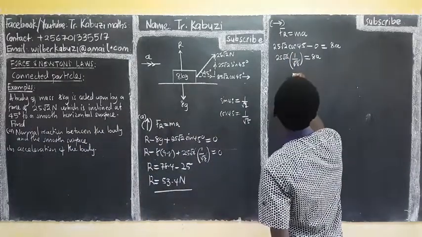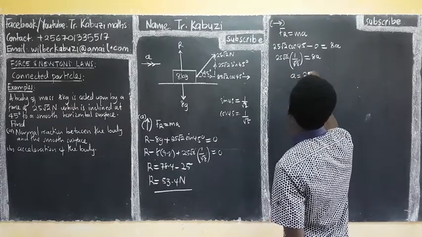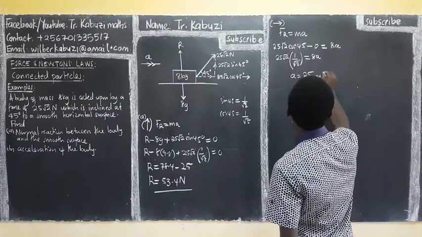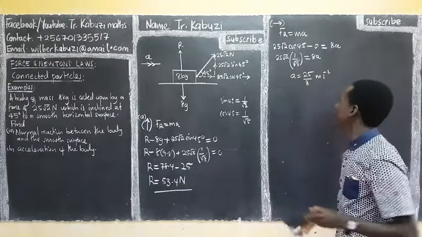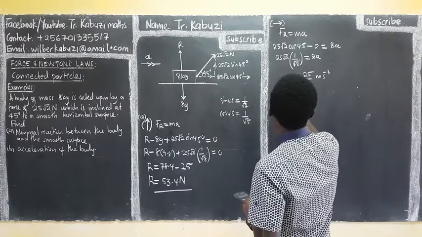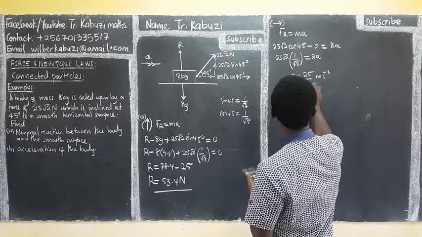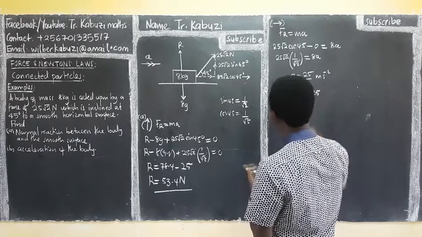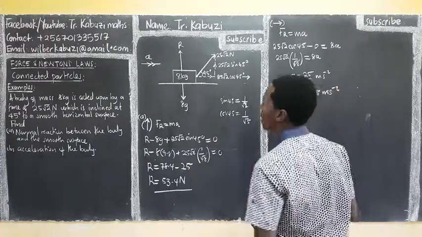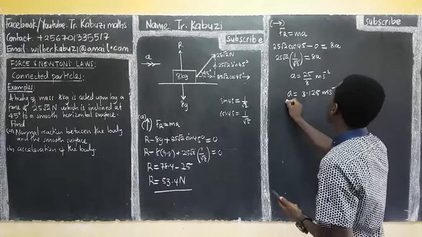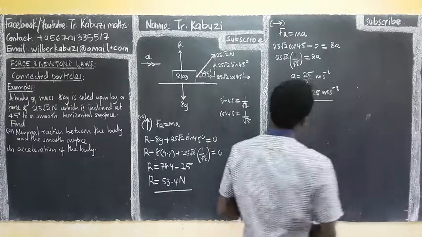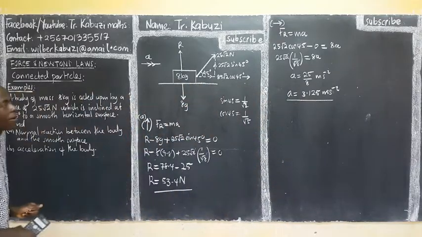Then our a is going to be 25 over 8, in meters per second squared. If you want, you can give it to 4 decimal places, but this one is a terminating decimal because of the 8. Whenever you see a multiple of 5 divided by a multiple of 8, in most cases the numbers are going to terminate.